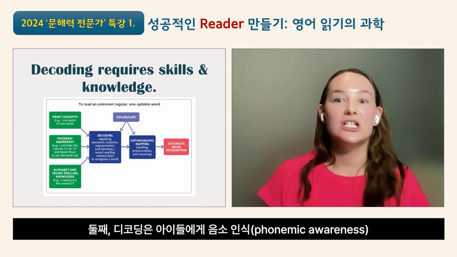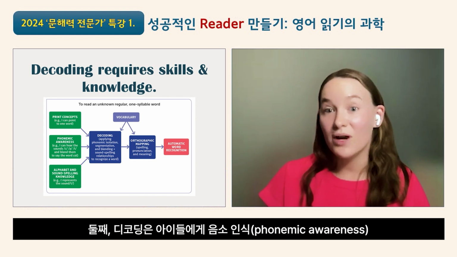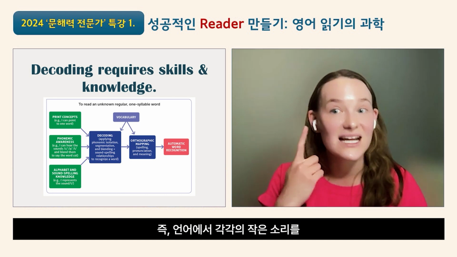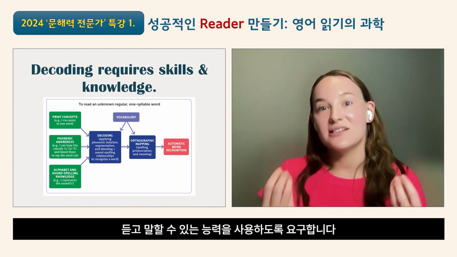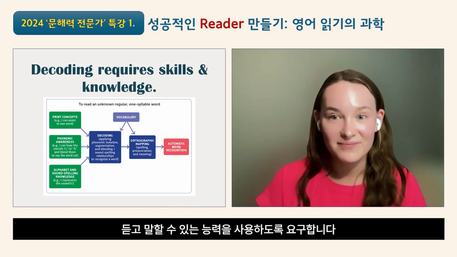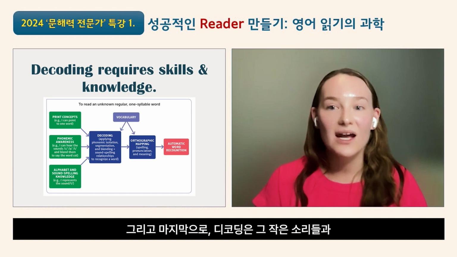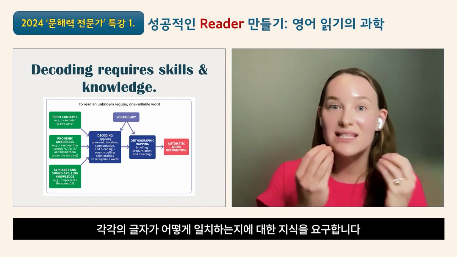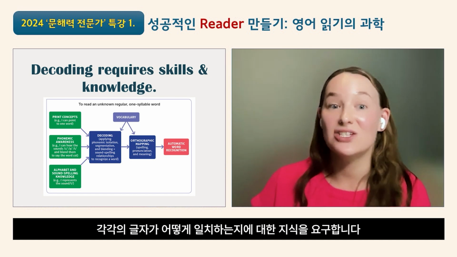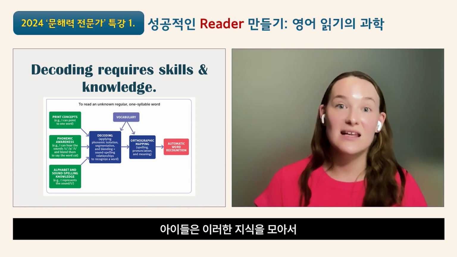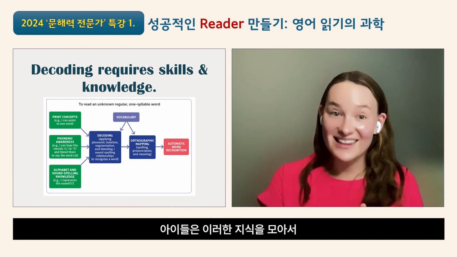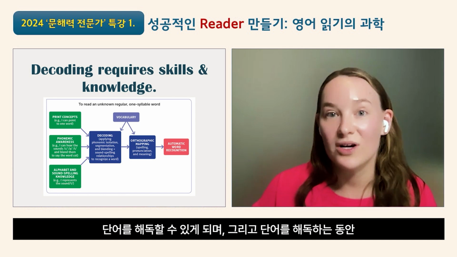Second, it requires children to use phonemic awareness, or their ability to hear and say each small sound in language. And finally, it requires knowledge about what those little sounds match to each letter. Children then bring these pieces of knowledge together to be able to decode words.